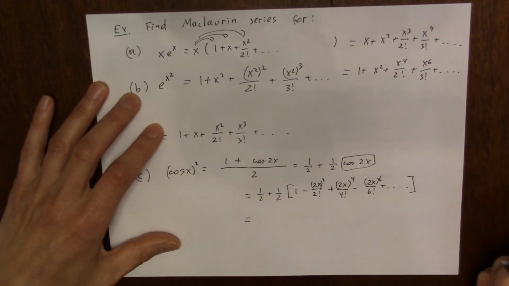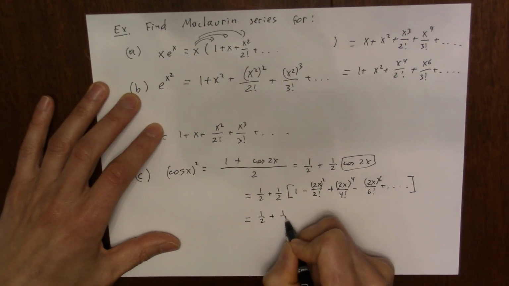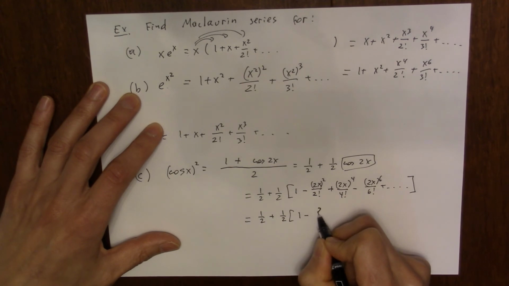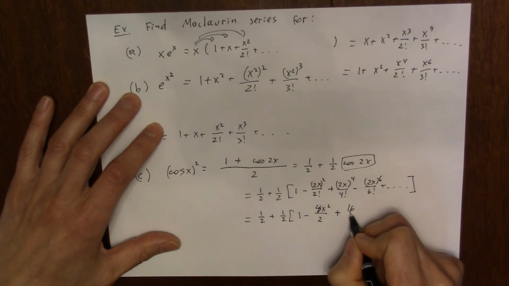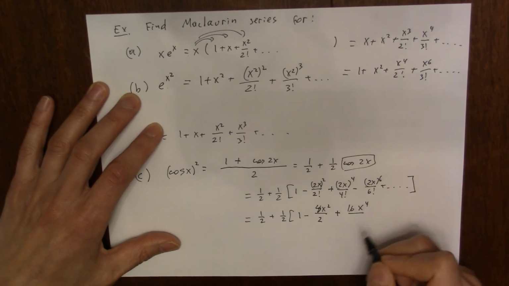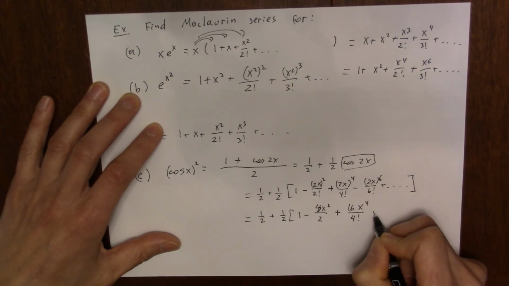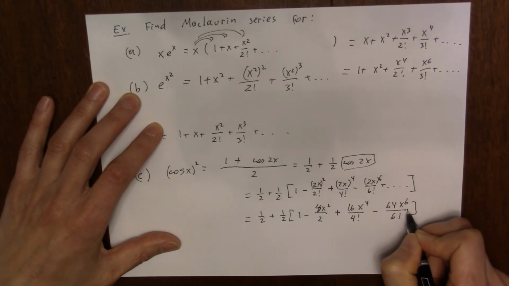We're going to simplify that expression slightly, so we're going to get 1/2 plus 1/2, 1 minus 4x squared over 2 factorial plus 2 to 4 is 16, 16x to 4 over 4 factorial minus 2 to 6 is 64, x to 6 over 6 factorial.